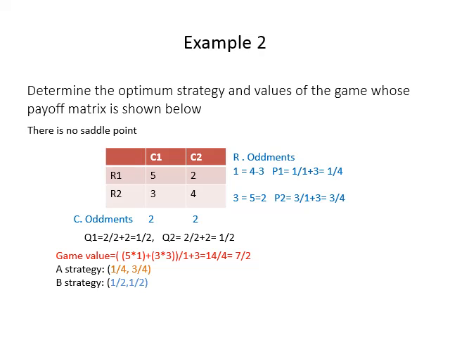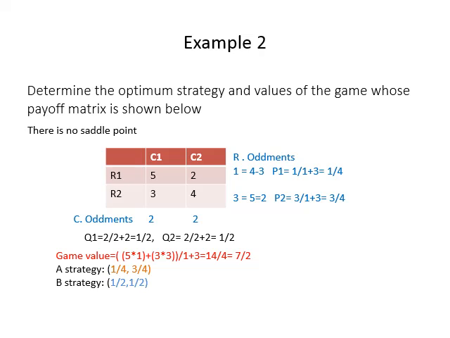This matrix, or this game, each player has 2 strategies, because this matrix consists of 2 columns and 2 rows.